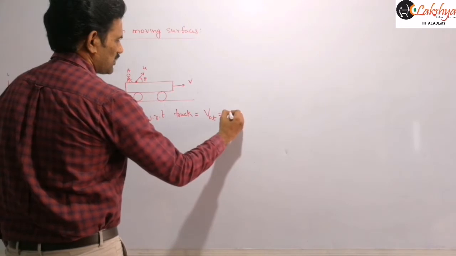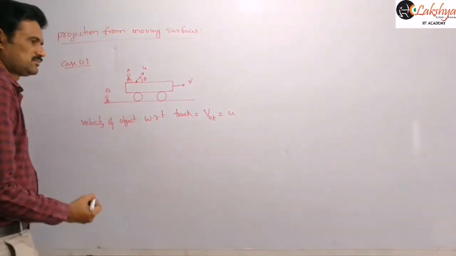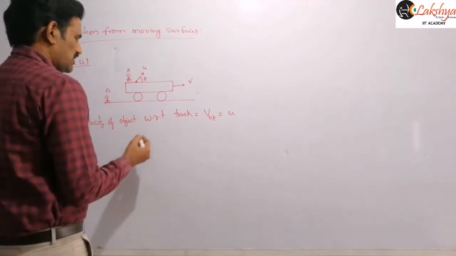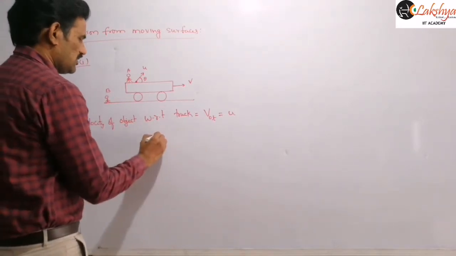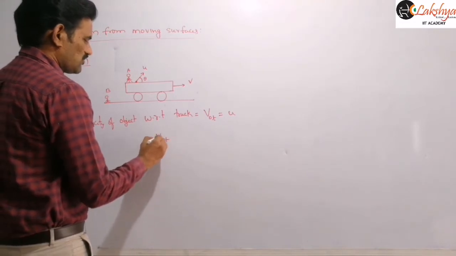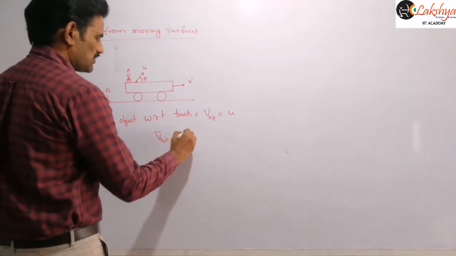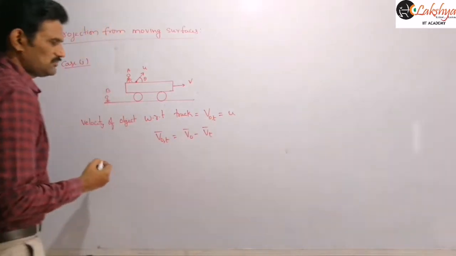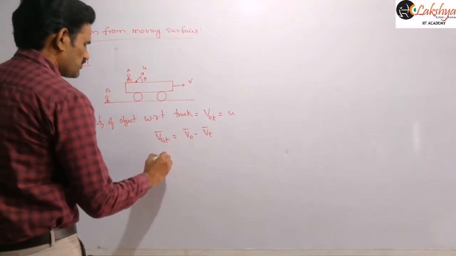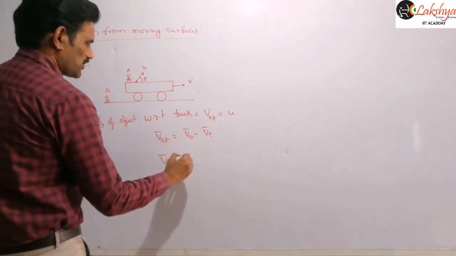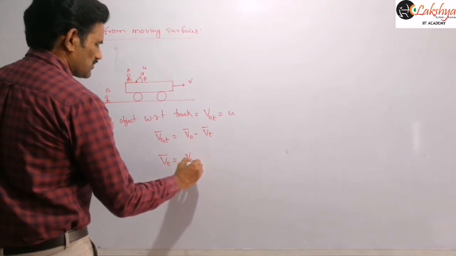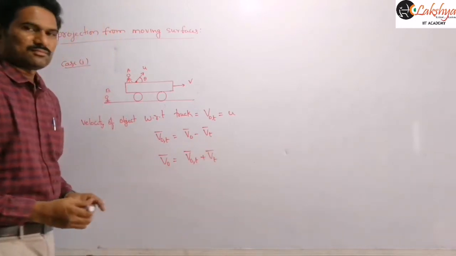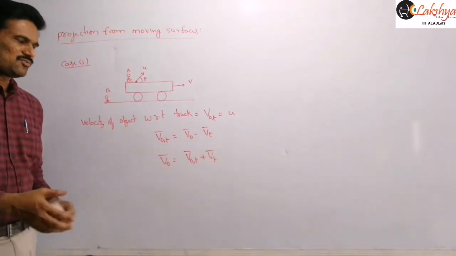This value is given as u for us, and you need to resolve this into components. Using the relative velocity concept, we can write the velocity of the object with respect to the truck as the velocity of the object minus the velocity of the truck. And therefore, the velocity of the object with respect to the ground is the velocity of the object with respect to the truck plus the velocity of the truck, right? So that is our velocity with respect to the ground.